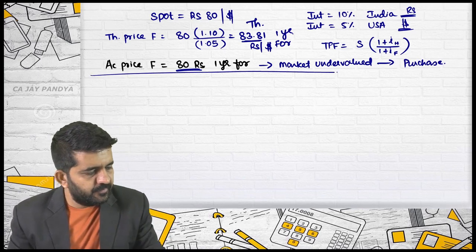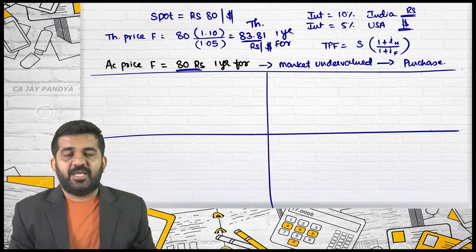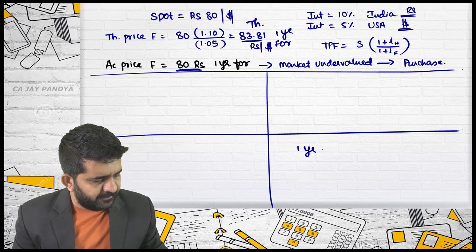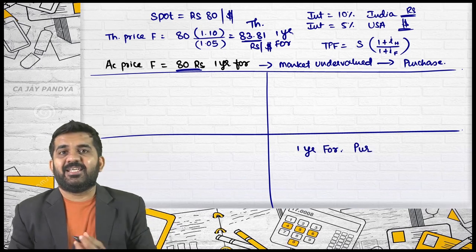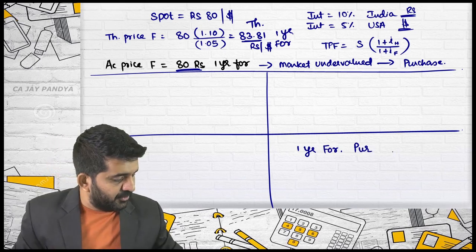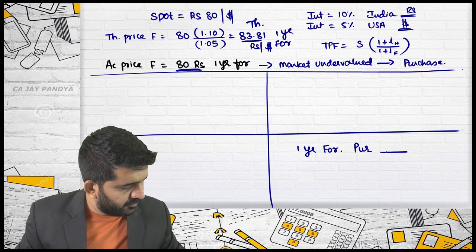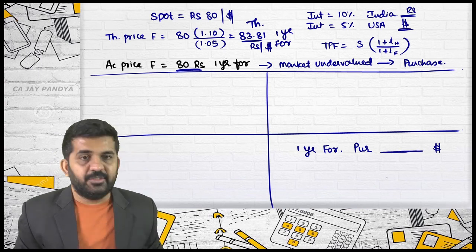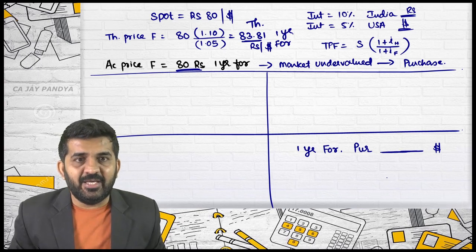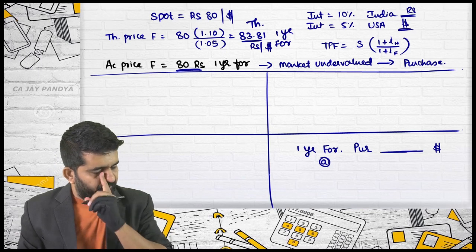Let me draw that arbitrage process. 1 year forward, you will be purchasing this many dollars.